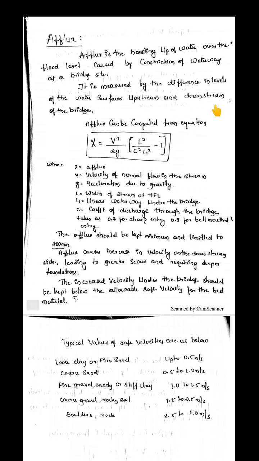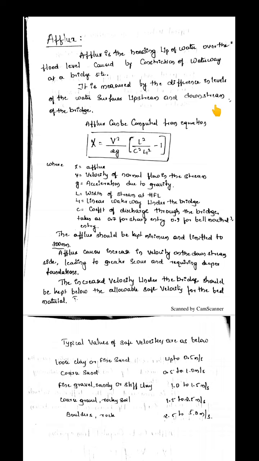Afflux is the heading up of water over the flood level caused by the construction of a waterway at the bridge site. Heading up of water over the flood level. Before that, water is flowing with some velocity at a particular level.